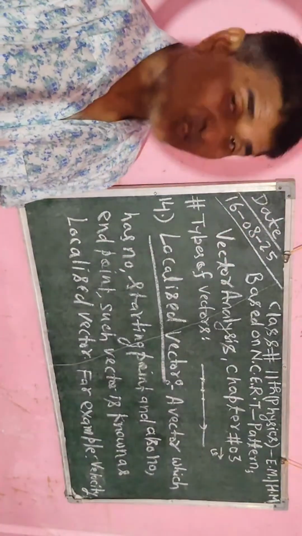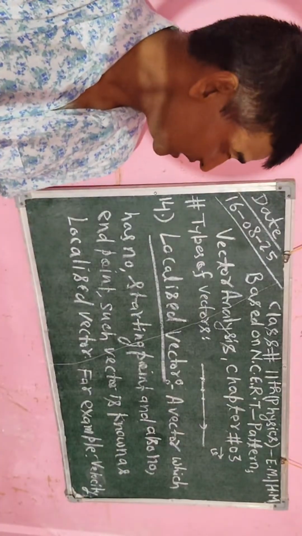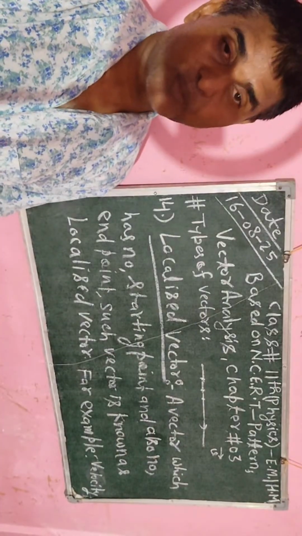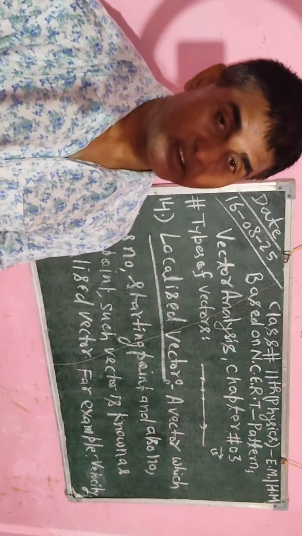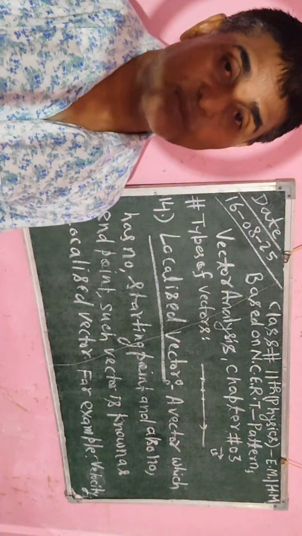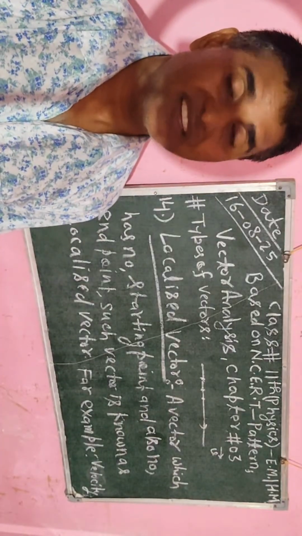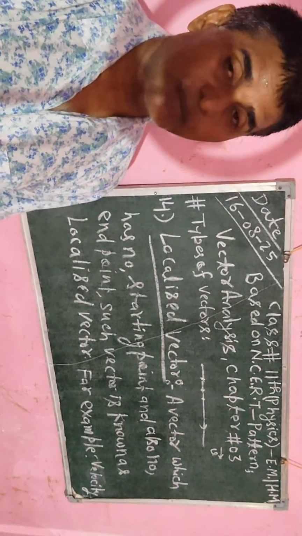In other words, the starting point is changing, because any velocity starts from a point, but that point changes with respect to the requirement. The starting velocity is also called the initial velocity, and in Hindi it is written as prarambhik rate.